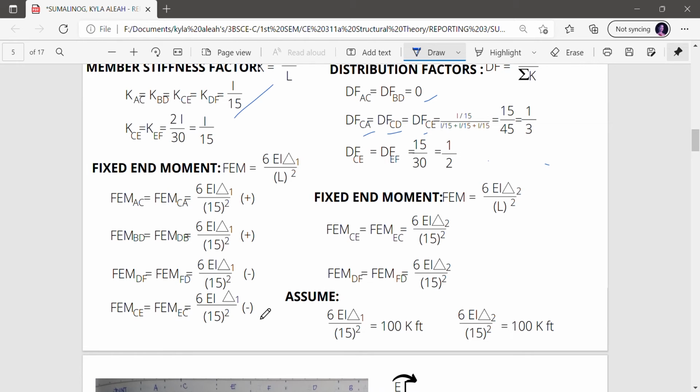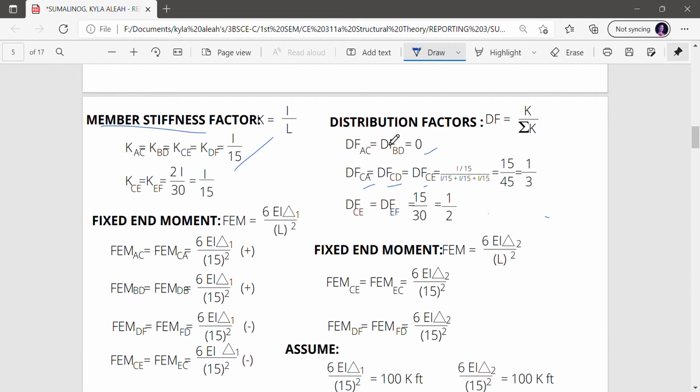For the delta 2, we have a fixed end moment at CE and EC, which is 6EI delta 2 over 15, which is the length. And assuming that the fixed end moment 6EI delta 1 over 15 squared is equal to 100 kip-feet, and for the delta 2, 6EI delta 2 over 15 squared is equal to 100 kip-feet. So we already have the member stiffness factor, the distribution factors, and the fixed end moment.